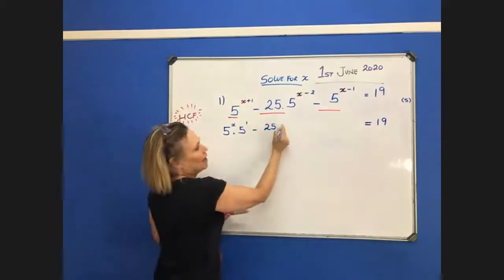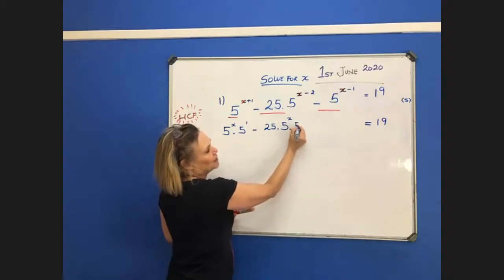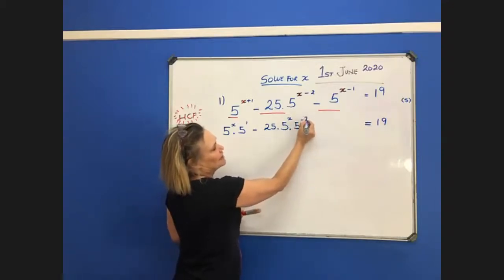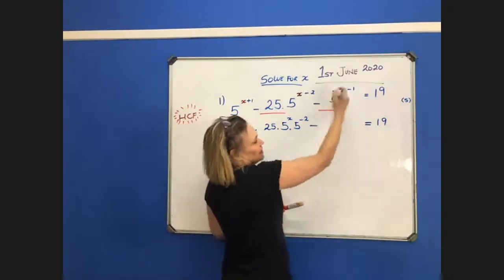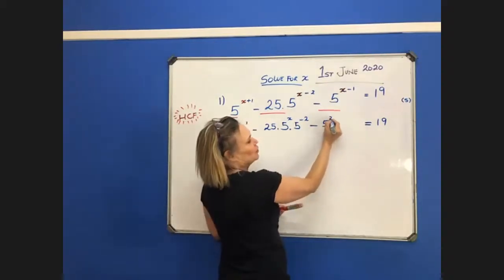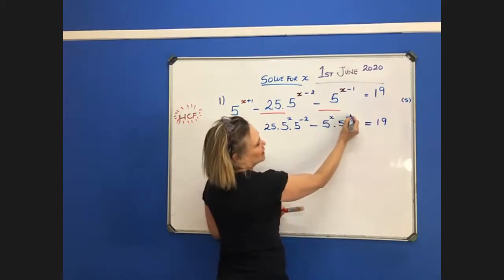But I am going to change that 5 to 5 to the exponent of x dot, which means times 5 to the exponent of negative 2. Minus, again, break into factors, 5 to the exponent of x dot, which means times 5 to the minus 1.